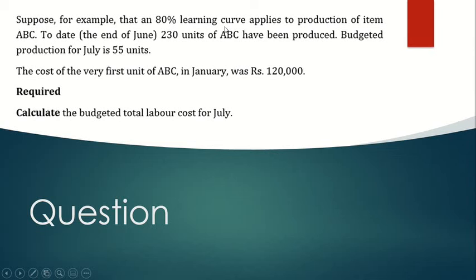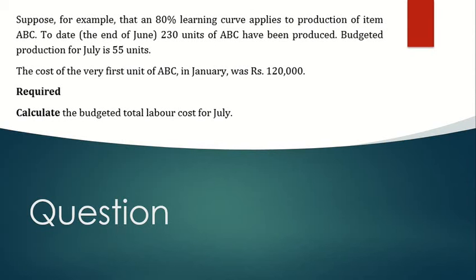An 80% learning curve applies to production of item ABC. To date, end of June, 230 units of ABC have been produced. Budgeted production for July is 55 units. Now this is an interesting question. End of June 230 units produced means our cumulative units will be 230 up to June.